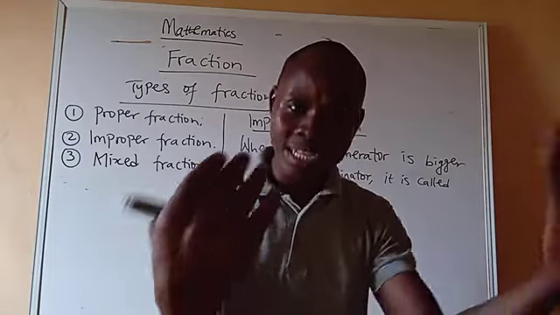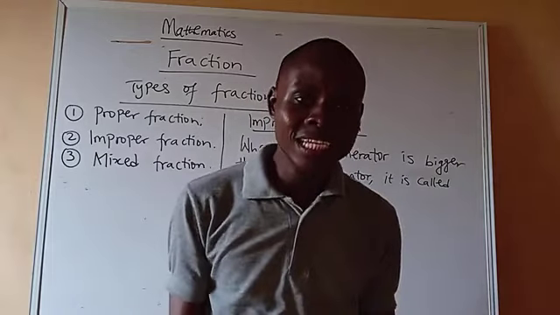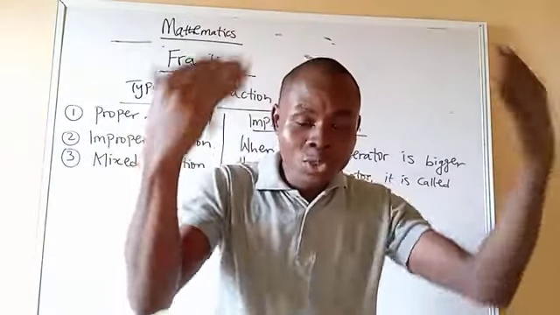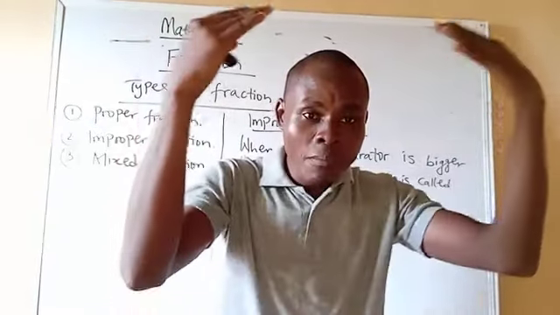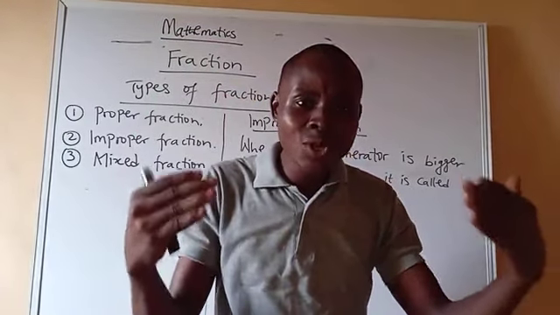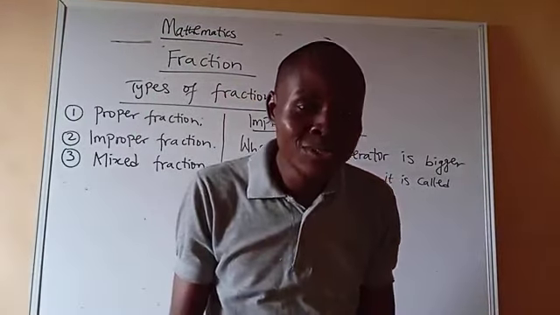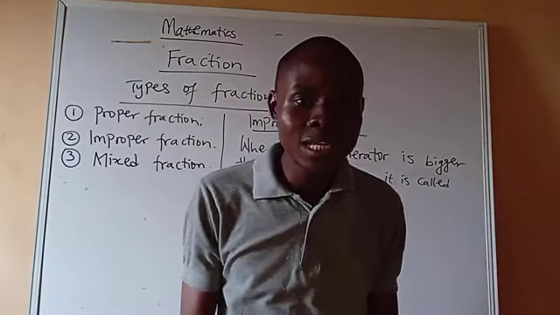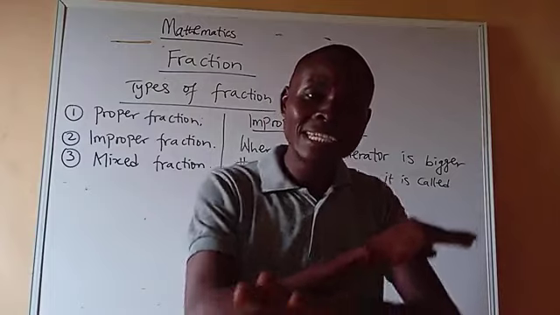The weight will press me down. So if I should carry a GP tank, the water tank you have at home, that big one, put it on my head, in that case, it is called improper fraction. If care is not taken, I will die. So the thing will just bring me down, will kill me. You understand? So in that case, we say it is what?